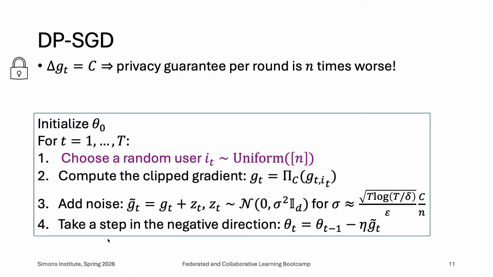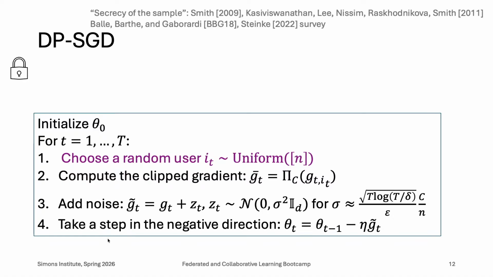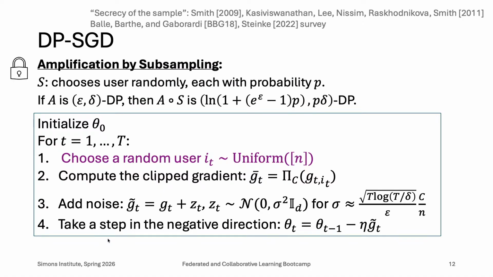And this huge idea comes along that helps us avoid this and make SGD usable. That's the idea called privacy amplification by subsampling. So this is the statement.